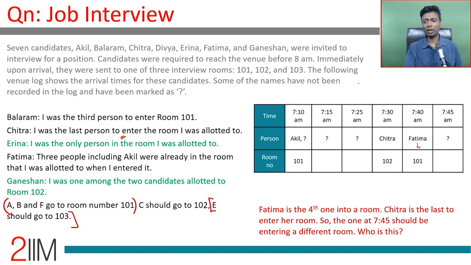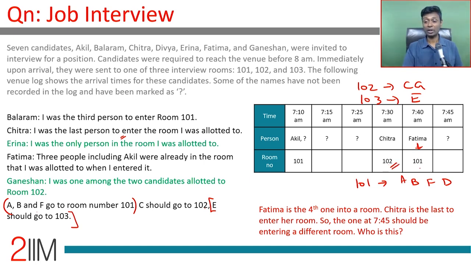So now we know all the names. 102 has C and G. 103 has E. 101 has A, B, F, and D. These 4 people. Wonderful. And Fatima obviously is the last person to enter 101, because when she enters, 3 people are already there. So Chitra was the last person to enter 102.